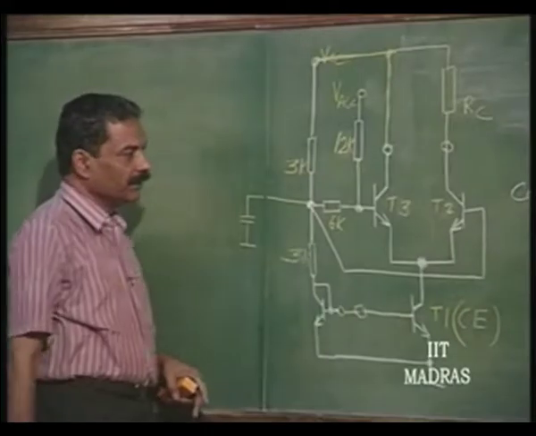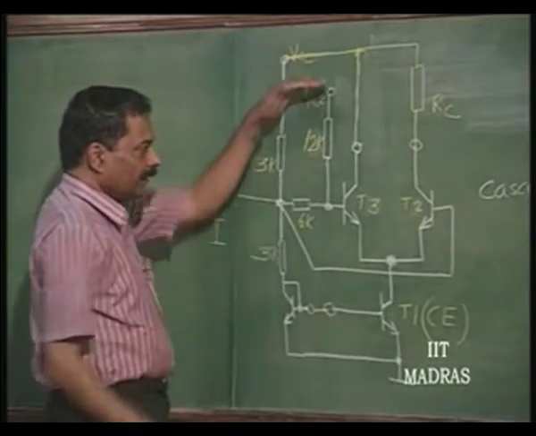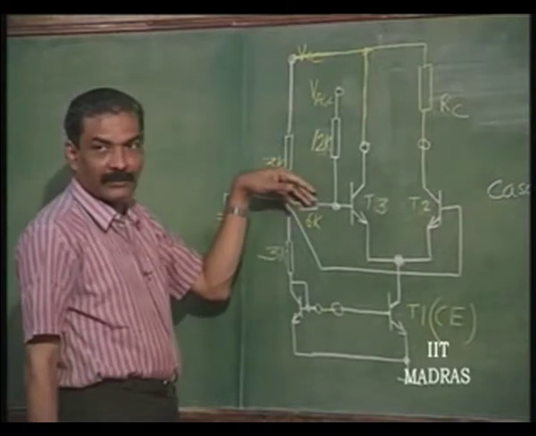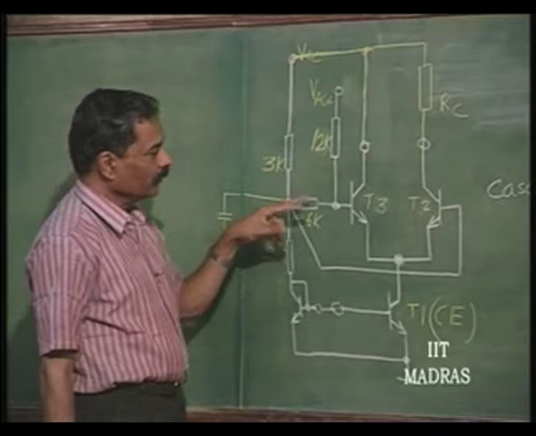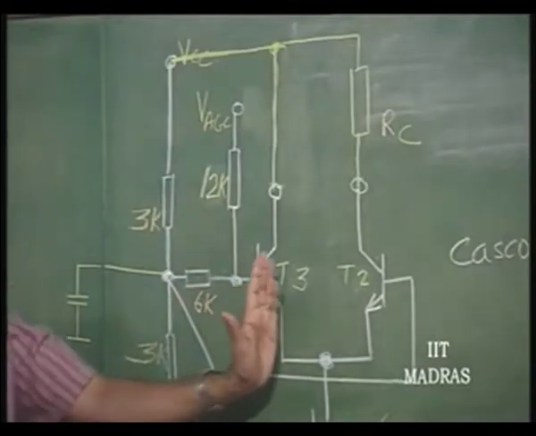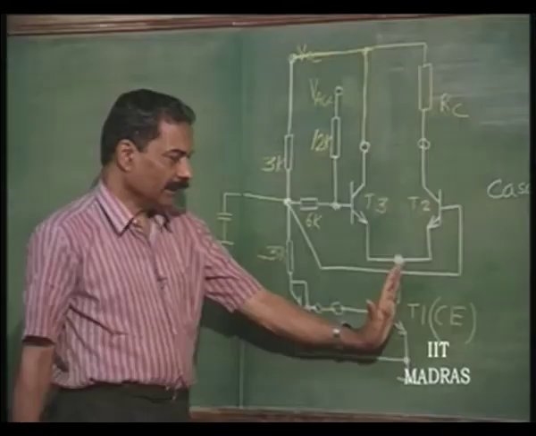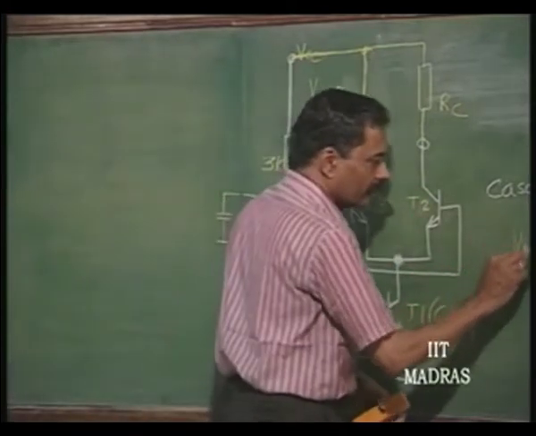This is connected to VCC, and we see that if AGC terminal is left free, there is almost no current through 6K, and the base of this T2 is at the same potential as the base of T3, and therefore, these two currents will be very nearly one and the same. So, the current in this is going to be halved if VAGC is 0.